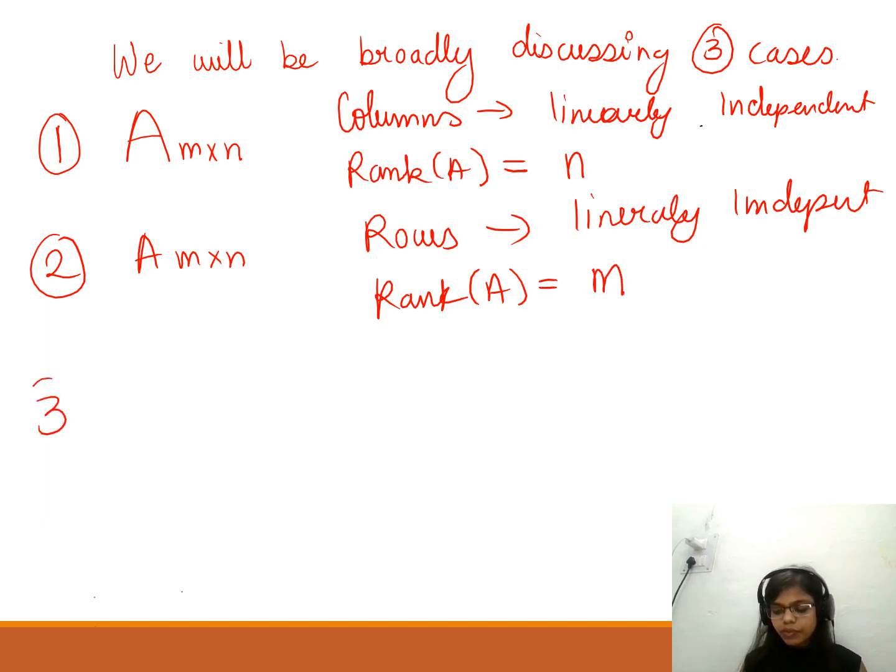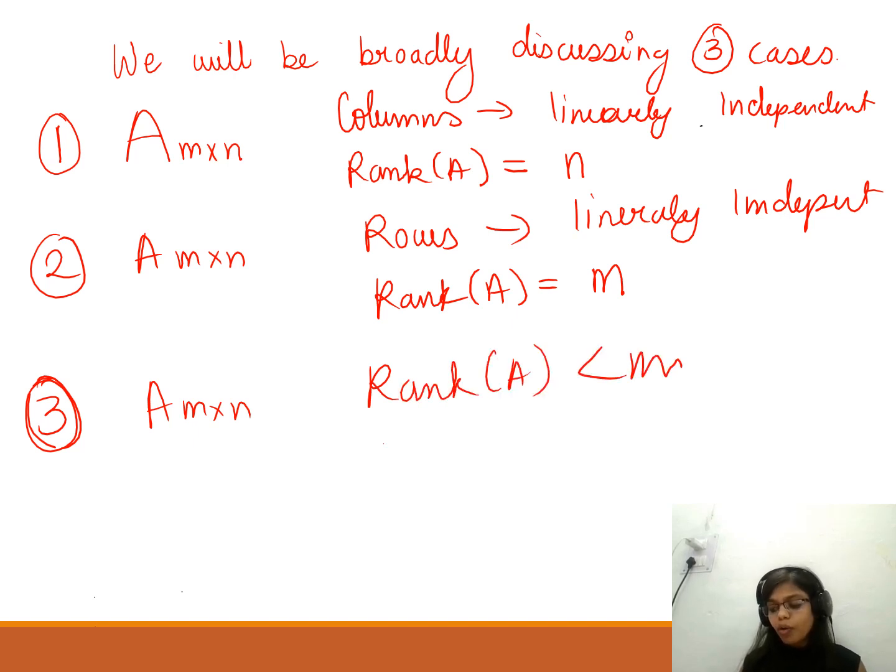Third case we are going to discuss is the special one, when A is an m cross n matrix and rank of A is less than m, that is, less than the number of rows, and rank of A is also less than the number of columns, that is n.